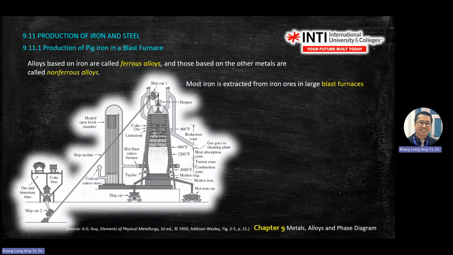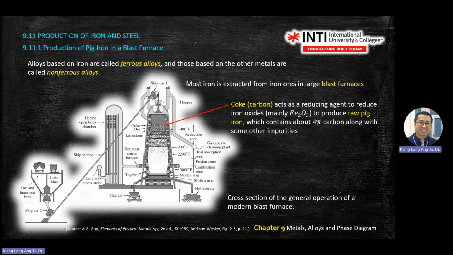The rest is production in the industry. This one is add-on information. You can go on YouTube and look for how iron is produced in the blast furnace. This is just a short introduction in the diagram.